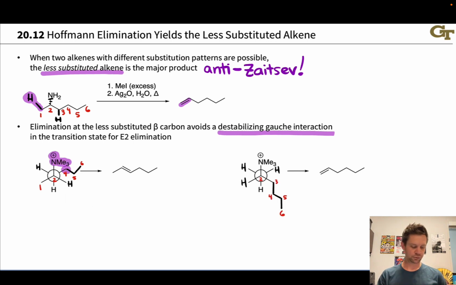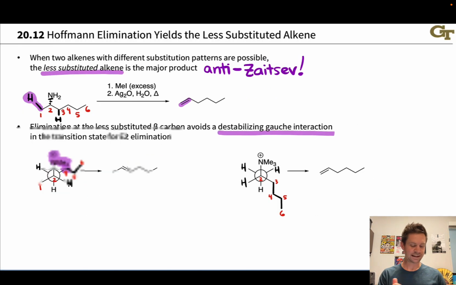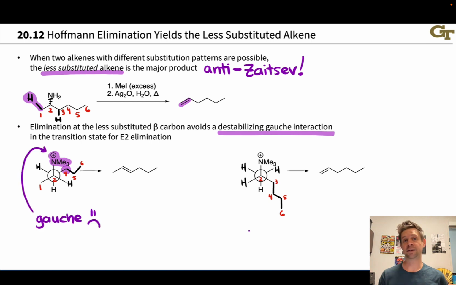And it's between the trimethyl ammonium leaving group and this alkyl group on the more substituted end, if you like, of the alkyl amine. That's going to destabilize the transition state leading to the more substituted double bond.